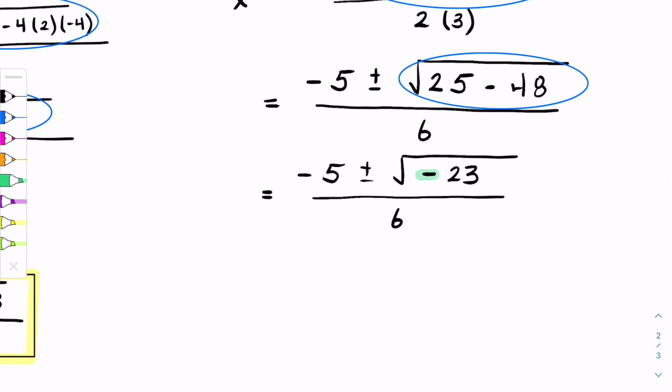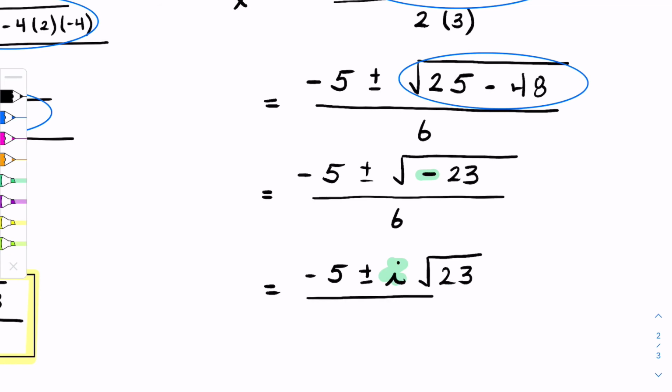Notice that we have a negative sign underneath the square root. -5 plus or minus i, that takes care of our negative value, times the square root of 23 divided by 6.